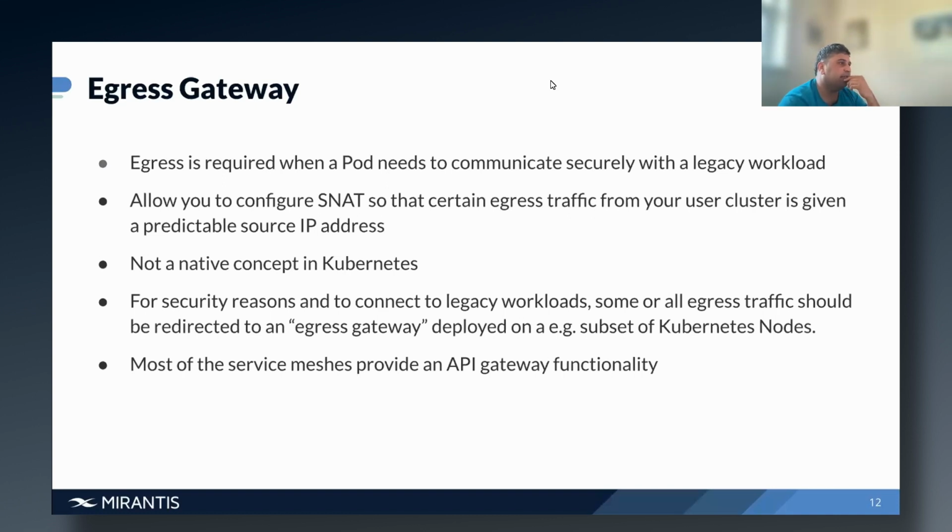Gateways allow you to configure the source network address translation so that certain egress traffic from your cluster is given a more predictable IP, and that helps with traceability across your networks as well. So from a traceability and troubleshooting perspective, it's a lot easier to manage.